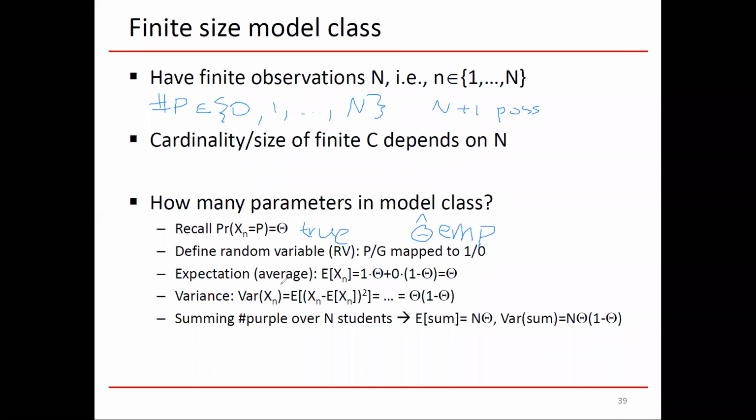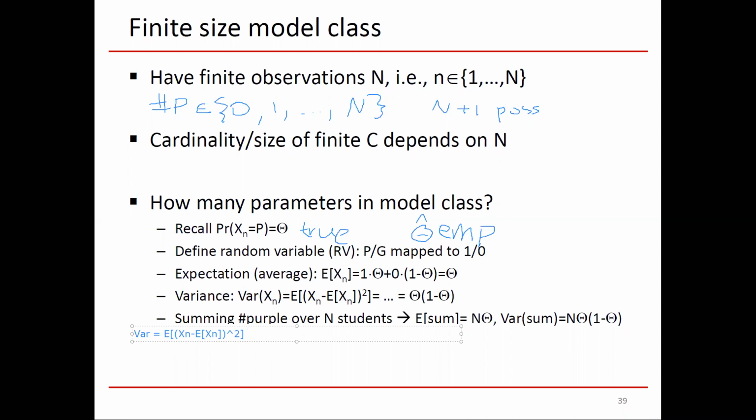The variance is the expected value of Xn minus its expected value, squared. So now let's work through that just a bit more carefully. The variance is the expected value of Xn minus E of Xn, squared.